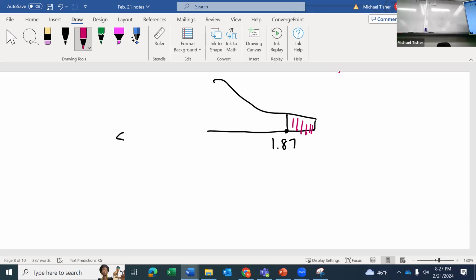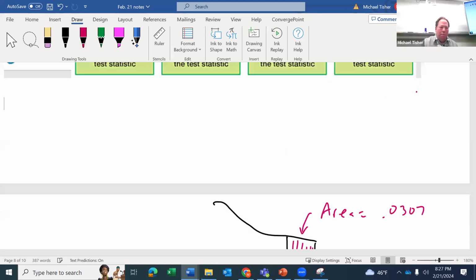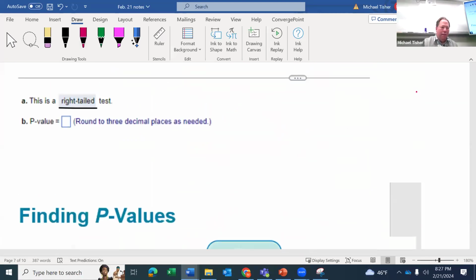So that's the p-value that they're looking for. Right. So the area is 0.0307, is that right? Okay, all right, so that's our p-value there, and put it into the homework and it'll be happy. And it says round to 3 decimal places, so 3 decimal places, that'll be what?